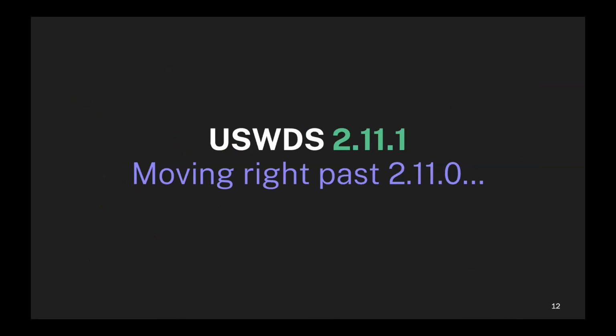Slide 12, USWDS 2.11. So not only does this one go to 11, but it is moving right on past 11.0, 2.11.0 to 2.11.1. Why? As always, bugs. Just after publishing 2.11.0, we found a bug we really wanted to fix right away.